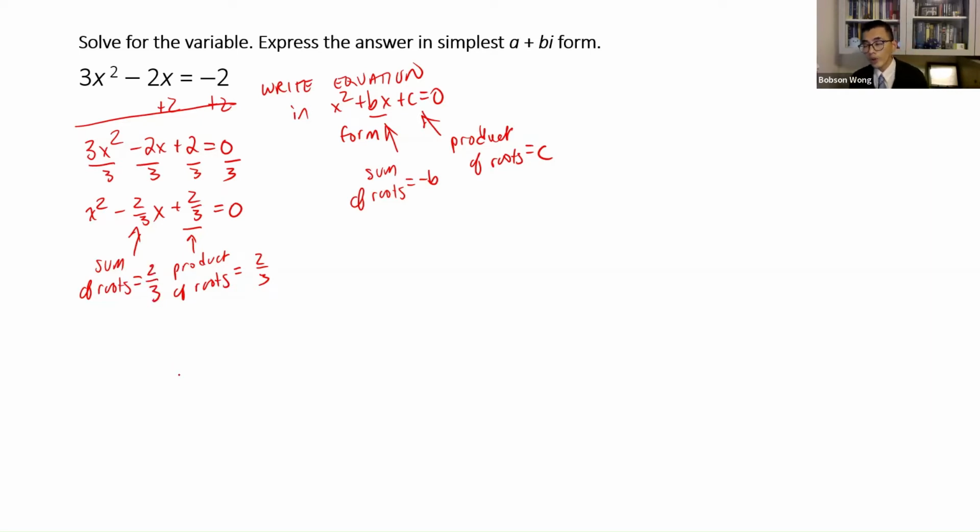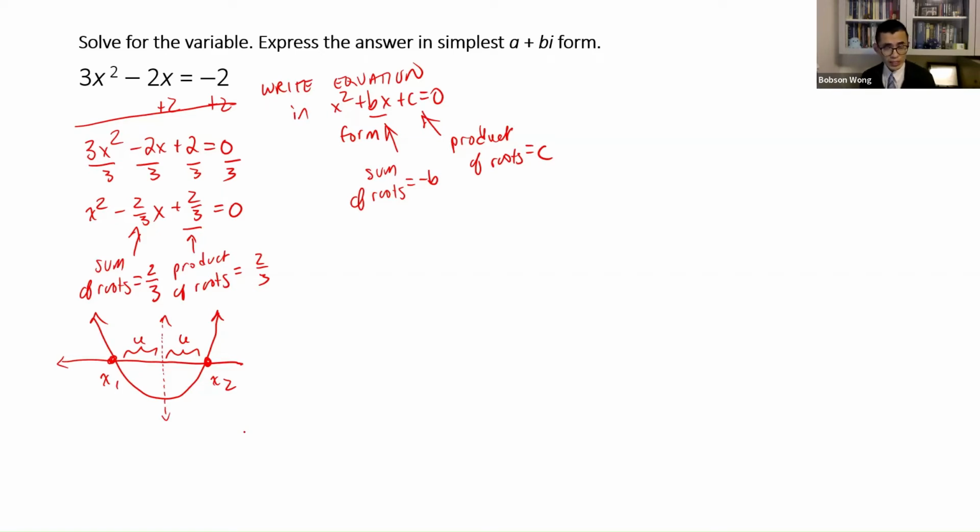Now, we can draw a diagram to represent this. This horizontal line represents the line where we can find the roots, x sub 1 and x sub 2, of our parabola. Here is the axis of symmetry for our parabola. This distance is u, which represents the distance from the axis of symmetry to one of the roots. We're going to assume that u is non-negative.